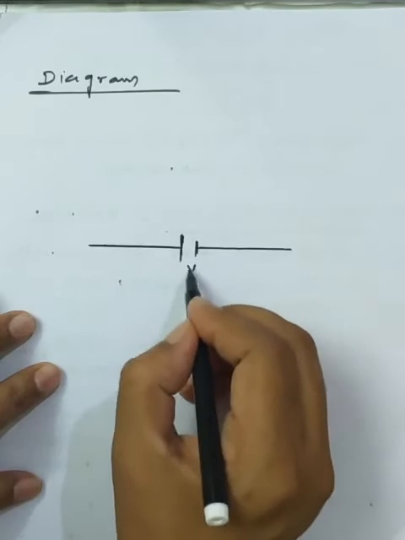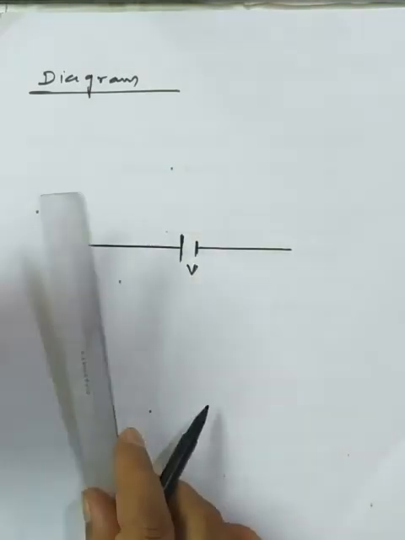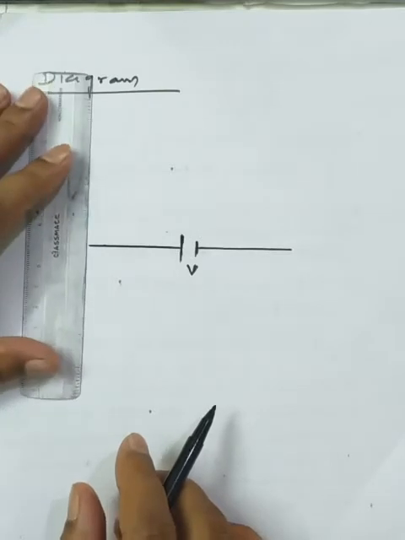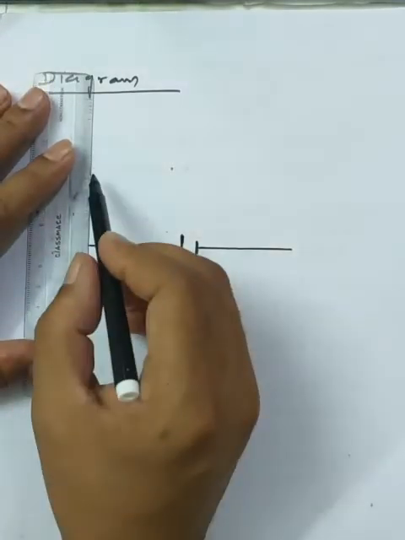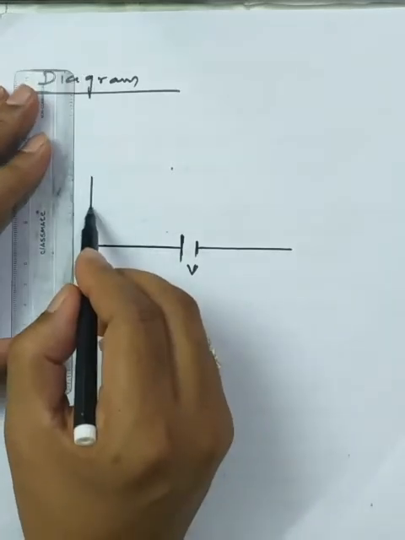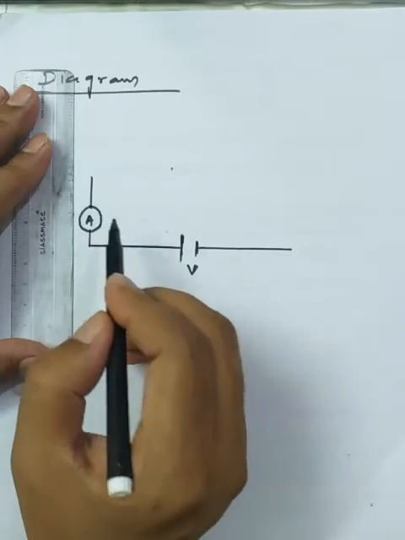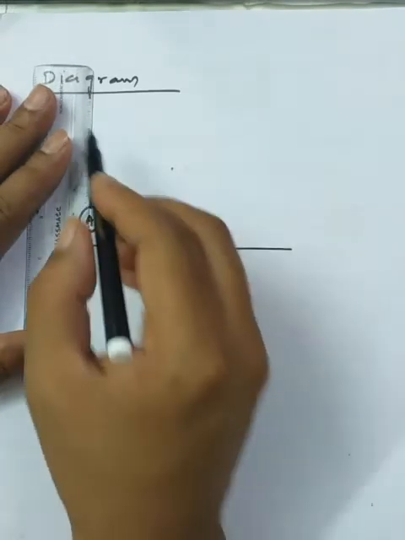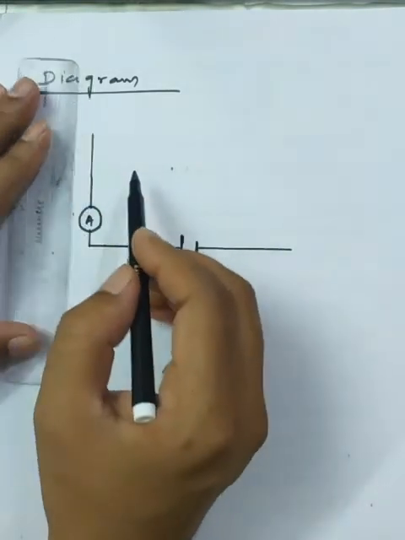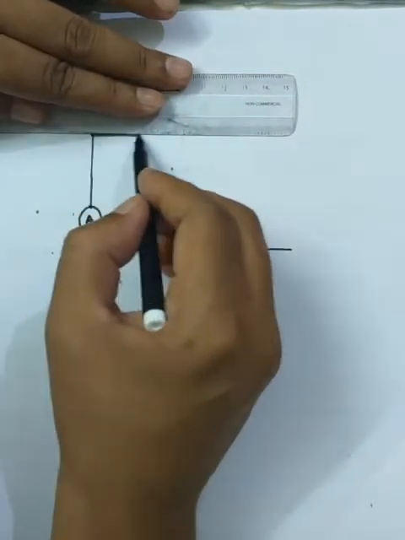Okay, this has a potential that is called V, and then we are adding all the things that we have mentioned in the apparatus required. Here I am making the place of the ammeter and writing A. Then I am making the voltmeter.